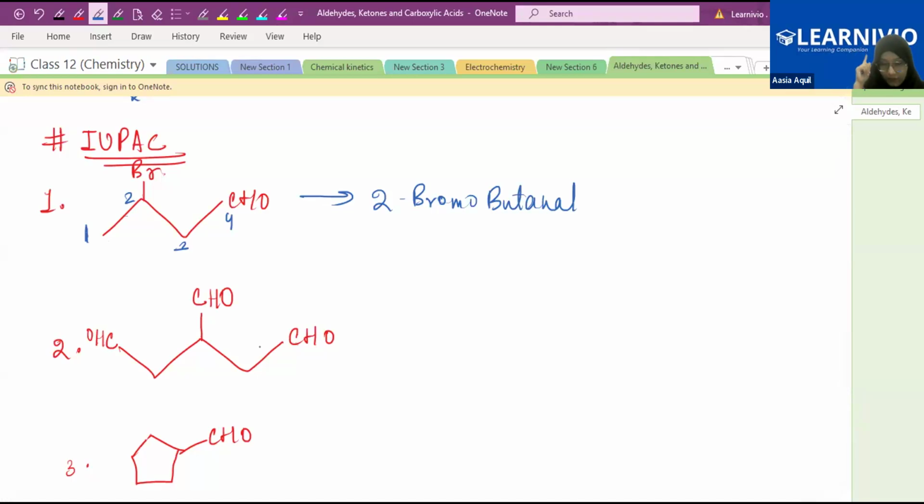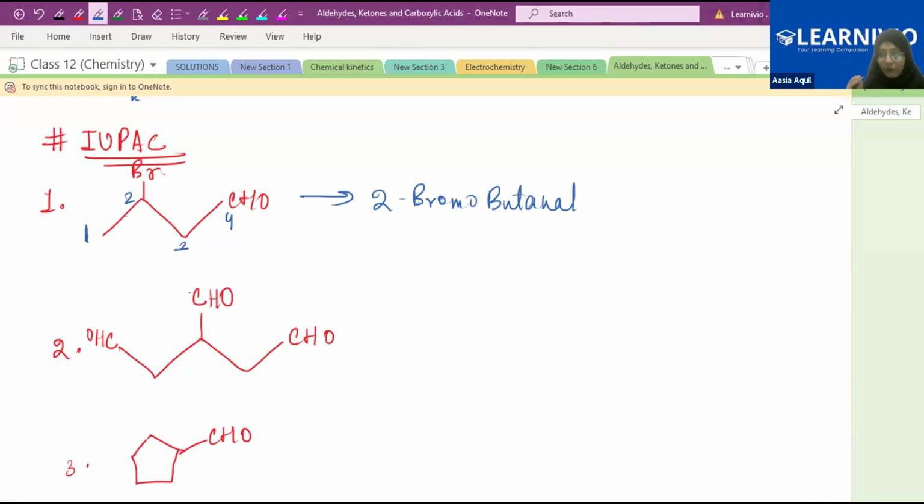But just listen carefully. If you are not including the carbon of the CHO group in the parent chain, this group is known as carbaldehyde, not aldehyde. You will call it carbaldehyde because carbon is present in that CHO. Clear, Muniba?